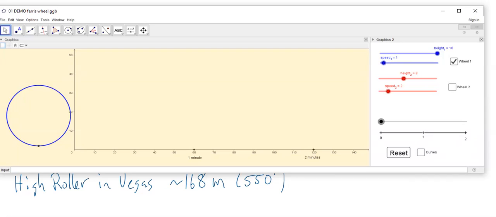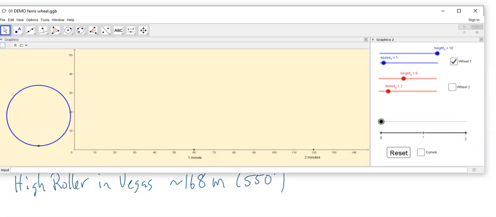What would the graph look like? Can anybody picture that? So the height over time. Sarah, what do you think? Good. Zach, what were you going to say?